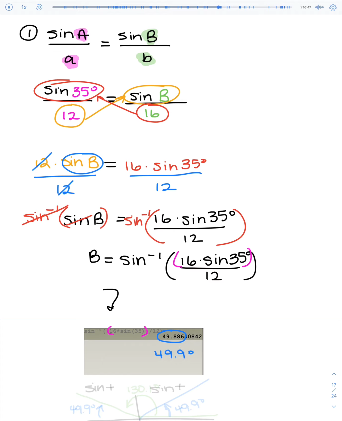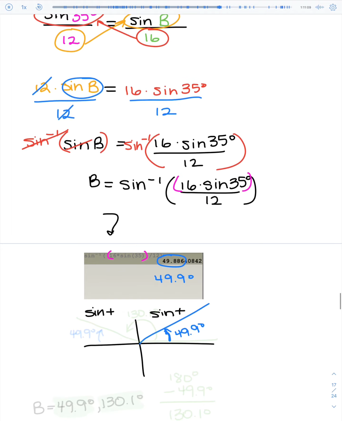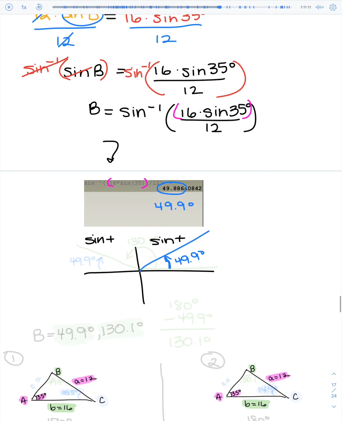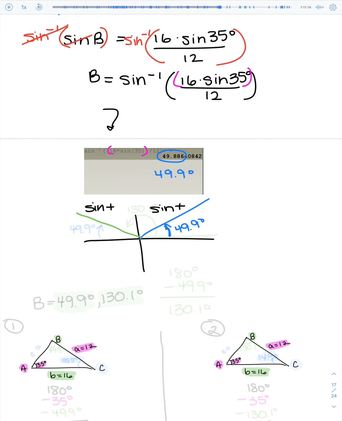Be careful. We talked about this a moment ago in the last problem, that sine is positive in both the first quadrant and the second quadrant. So the angle we just found is in the first quadrant. It's 49.9 degrees. There's another angle, though, over here in the second quadrant that matches up with it, that will have the same value, that will have the same reference angle of 49.9 degrees.